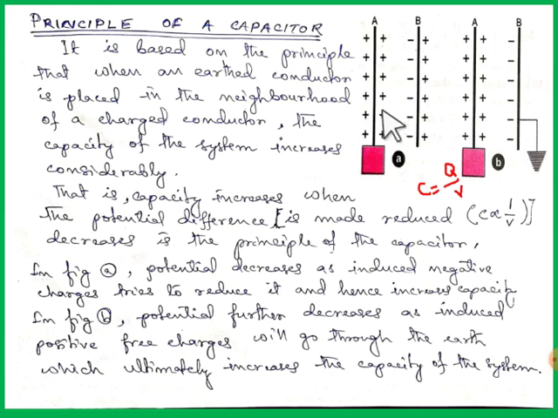Had this charged body been all negative charge, then the opposite would develop: this will be positive charge and this will be negative. All those negative charges will go to the earth. Whatever charge is here will be positive if this had been negative.